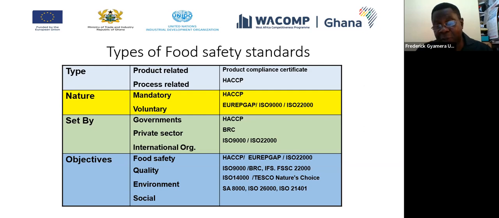But I know pretty soon it will become mandatory. Besides, when it comes to business arrangements, when we are trading, some insist that even before they start giving you contracts, your system or your company should be HACCP compliant. So it becomes mandatory.